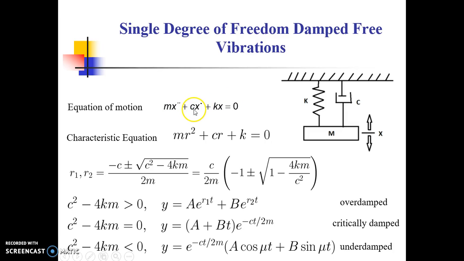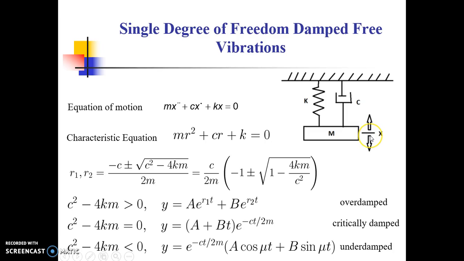One additional term, which is known as the damping term or damping force, comes into the picture. If we see the schematic of any single degree of freedom vibratory system, in such case we have one spring element, one damper element and one mass, and it has a motion as shown in this figure.